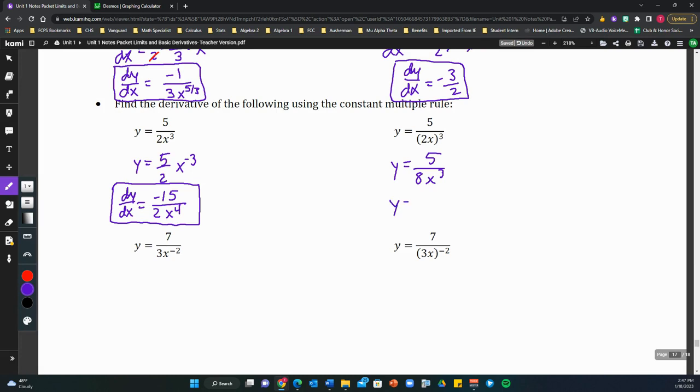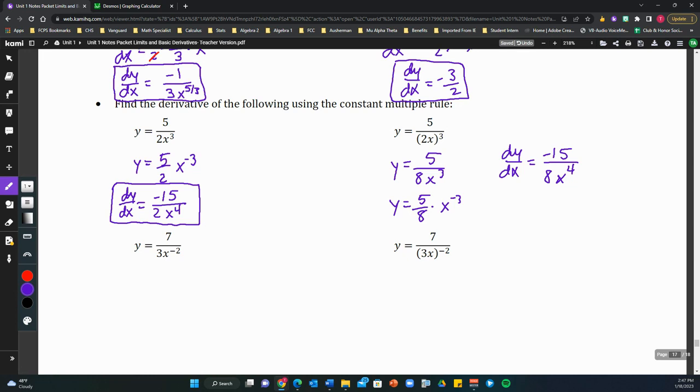But after that, it really operates the same way as these other ones. So we'll separate the coefficient, 5/8 is a constant multiple, x to the -3rd. And then just like we saw before, we'll bring down the -3 and then subtract 1. So we're going to end up with the -15 up top over 8 instead of 2, but then x to the 4th power in the denominator again, because even though we change the constant multiple, the function itself is x to the -3rd.